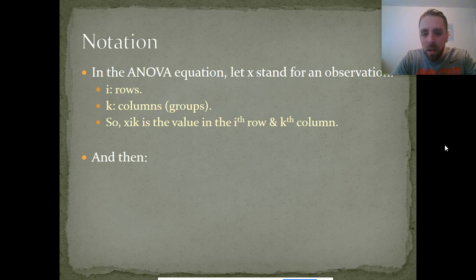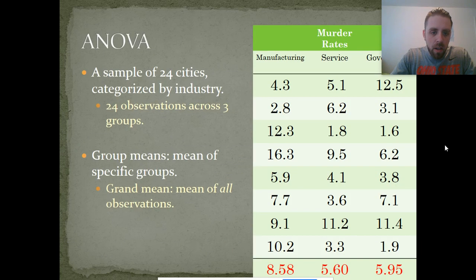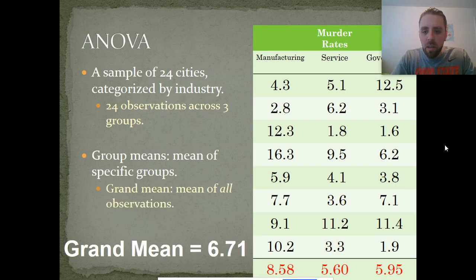Now, it sounds a little weird, but again, if I go back to the table that we had on the very first or second slide, in the data that we're operating with here, let's look at the very first rate in the manufacturing group. That is the first observation in the first column.